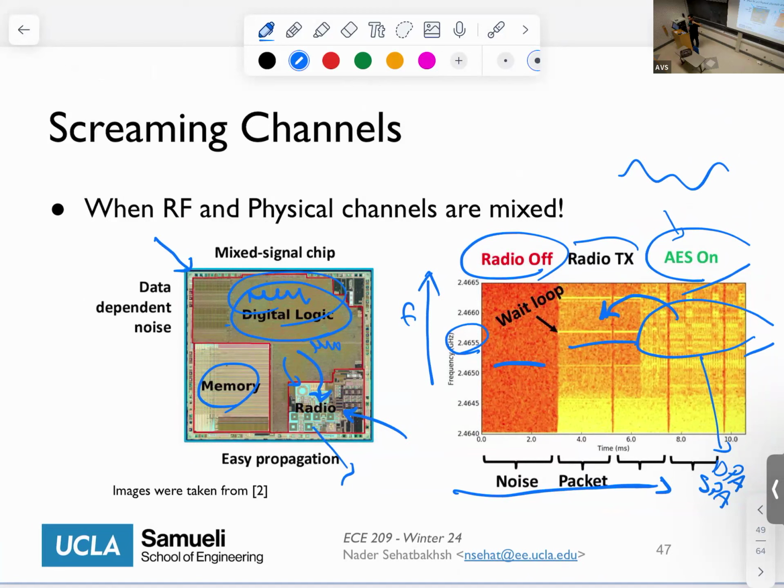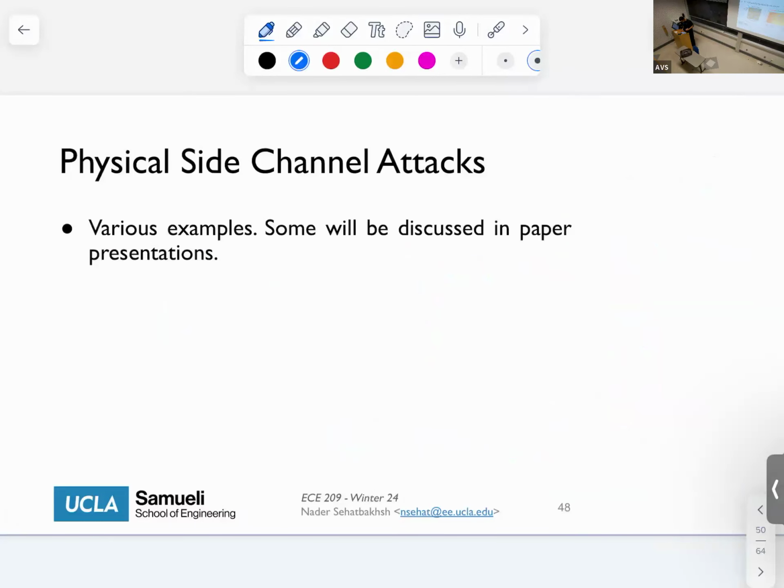For example, if you send a message to wireless Bluetooth headphones, the message you're sending has this physical side channel attribute to it, so somebody can break into it and find that message by just observing this Bluetooth signal.